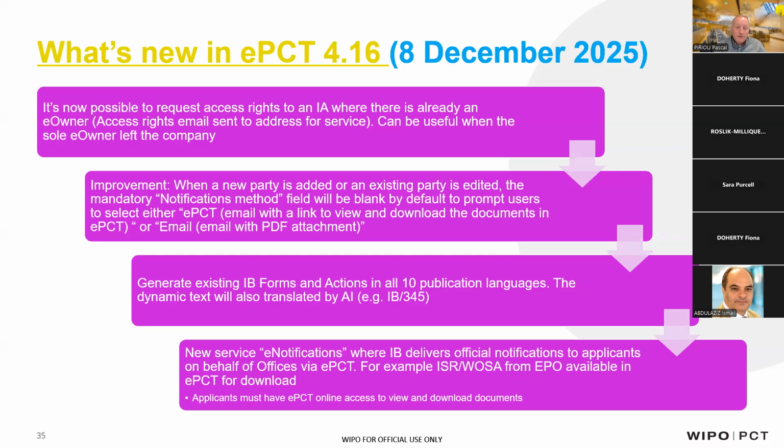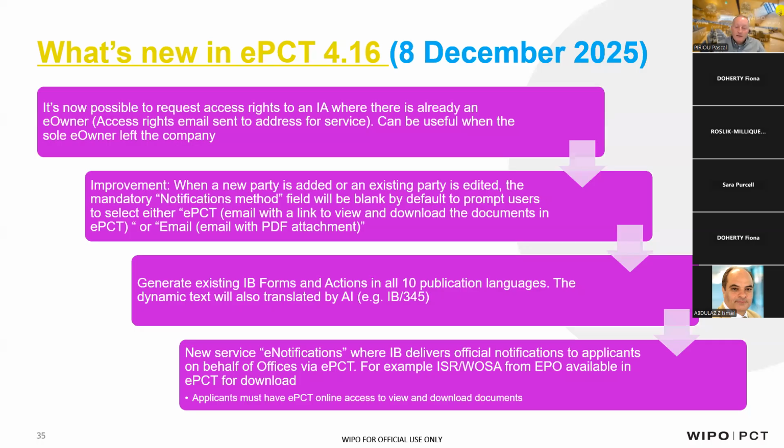Then the next improvement is that when a new party is added or an existing party is edited, the mandatory field notification method will be blank by default. So maybe you are aware that in the last version of ePCT 4.15, now we have two notification methods. The first one is ePCT with a link to view and download documents in ePCT, and the other one is email with PDF attachments.